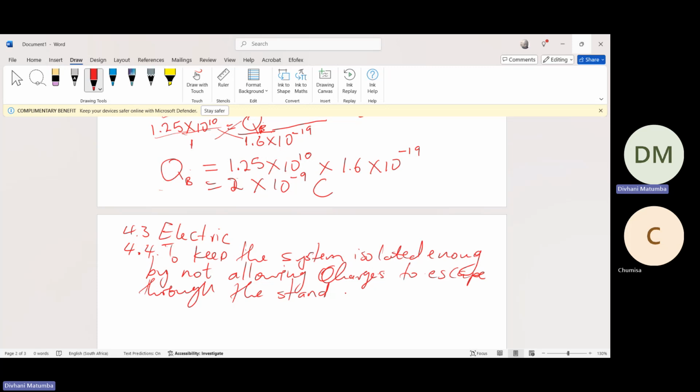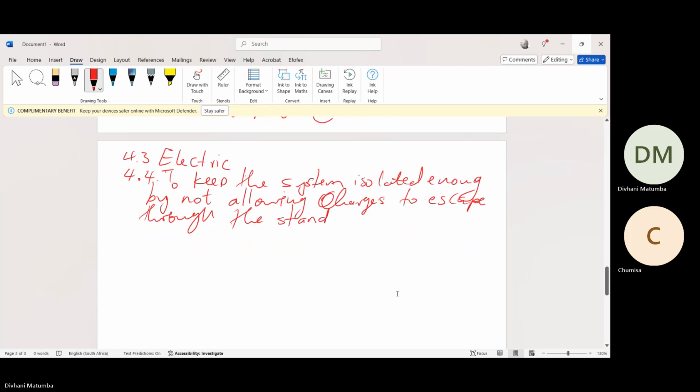Because remember, your ground is charged. That is why lightning always ends in the ground.